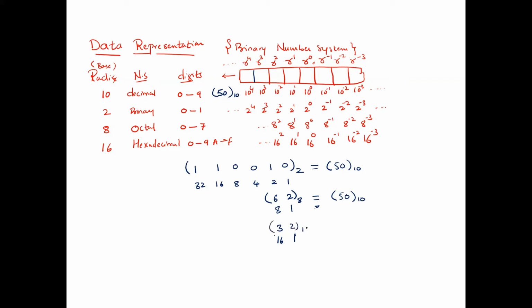So 50 in decimal, I can write in binary as 110010 to the base 2, and in the octal number system and in the hexadecimal number system as 32. Okay, so this is how we form a number.